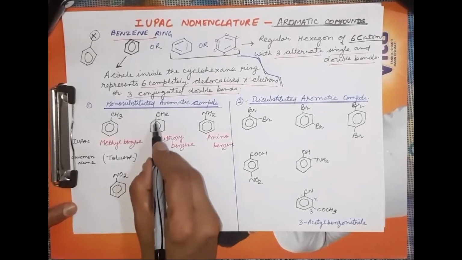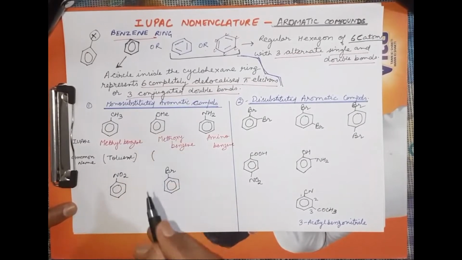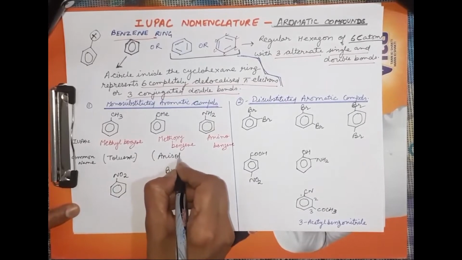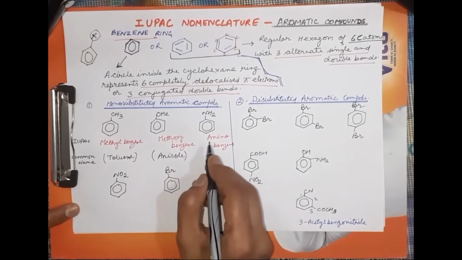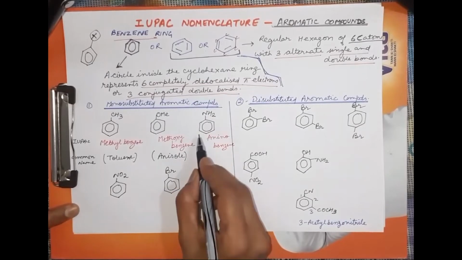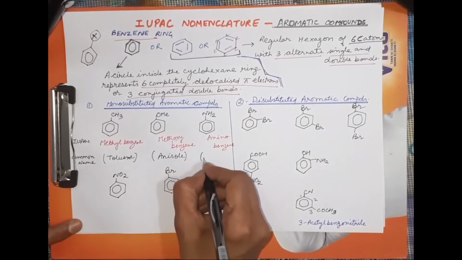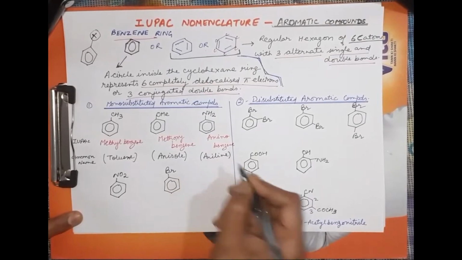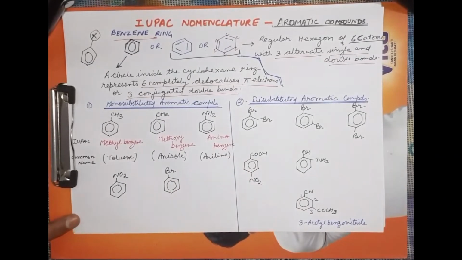And when one OCH3 group is there on benzene, it is also known as anisole. This is the common name. And when one NH2 group is there on the benzene ring, it is also called aniline. This is the common name for this.